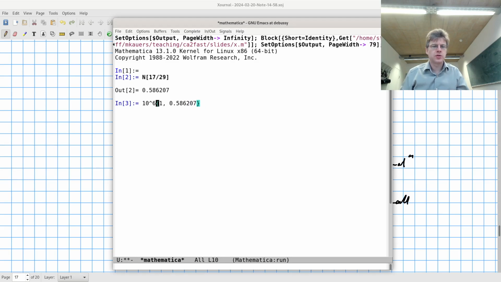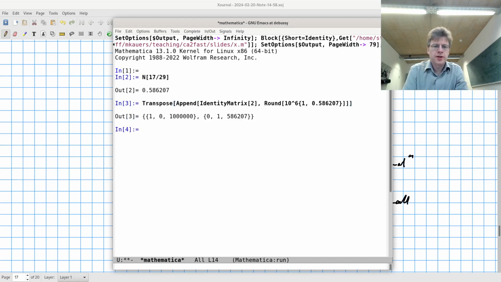Maybe here 10 to the 6 would be enough. And then maybe we prefer to work over the integers. So let's round this to integers. And then I attach an identity matrix of size 2 to it, and then transpose, because we think in columns, but Mathematica thinks in rows.